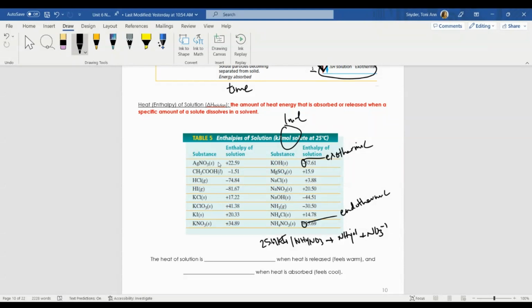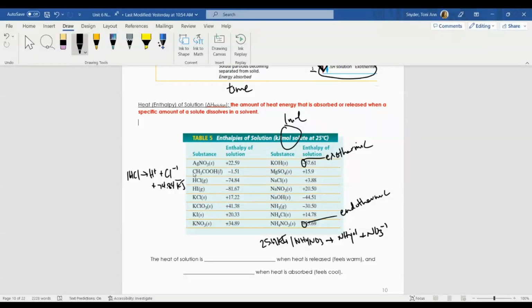Here, if I take a look at hydrochloric, wow, look how much energy is released there. 1 mole of hydrochloric, so 1 HCl molecule, will dissociate into its ions, but I also have 74.84 kilojoules of energy that's released in that process as well.